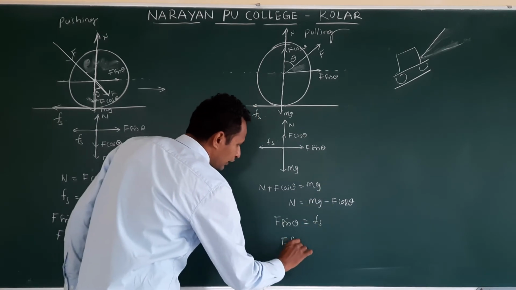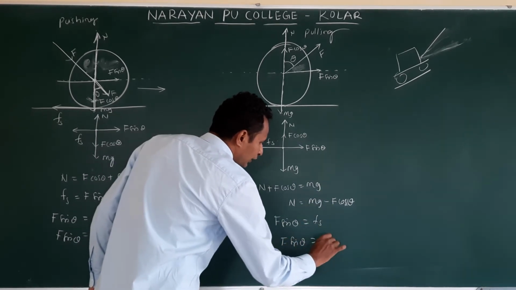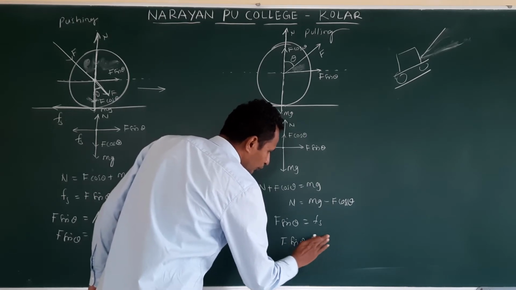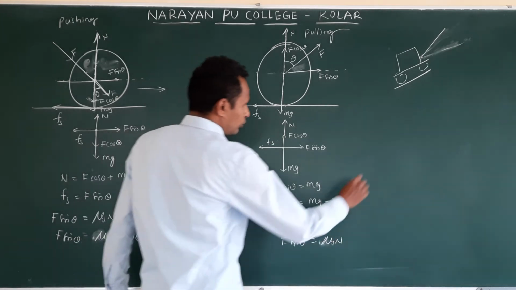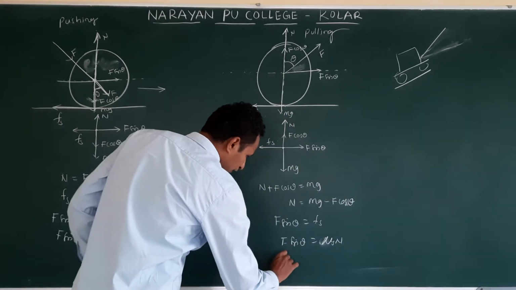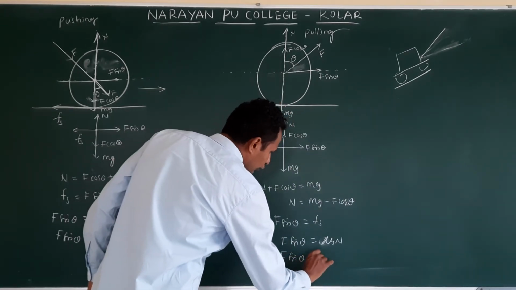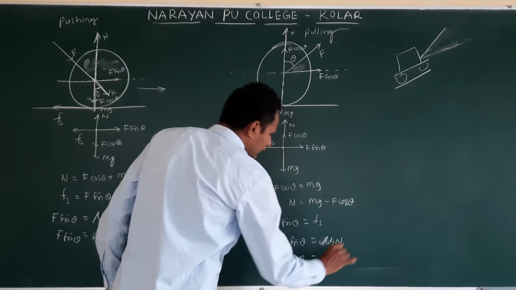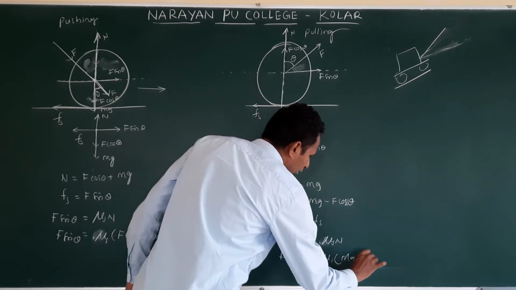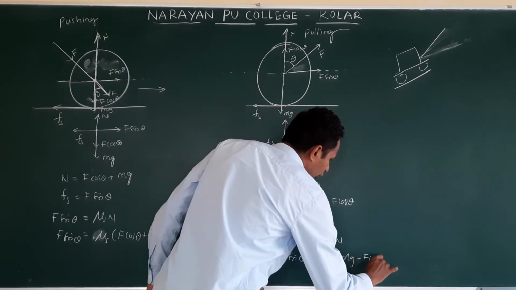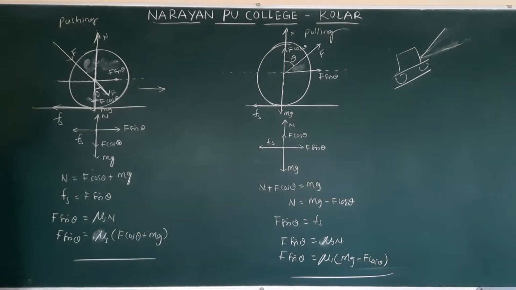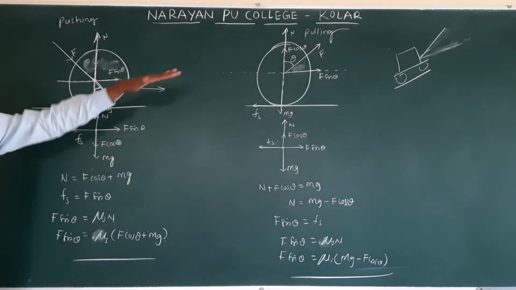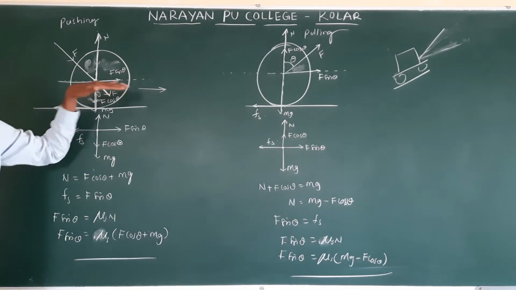So F sin theta is equal to mu s into N. So F sin theta is equal to mu s, as it is, times the N value, mg minus F cos theta. Compare these two equations. Here F sin theta is taking the roller in the forward direction.